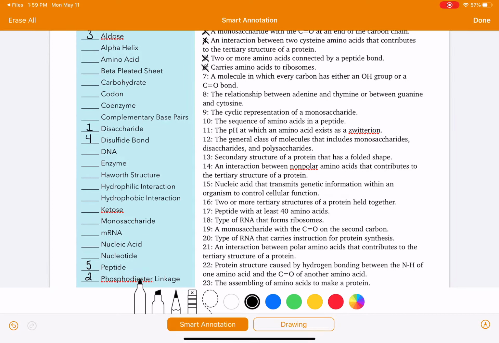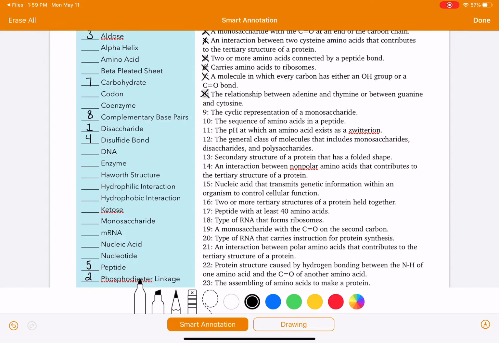A molecule in which every carbon has either an OH group or a carbon-oxygen double bond, that's a carbohydrate. The relationship between adenine and thymine, or between guanine and cytosine, they are complementary base pairs.